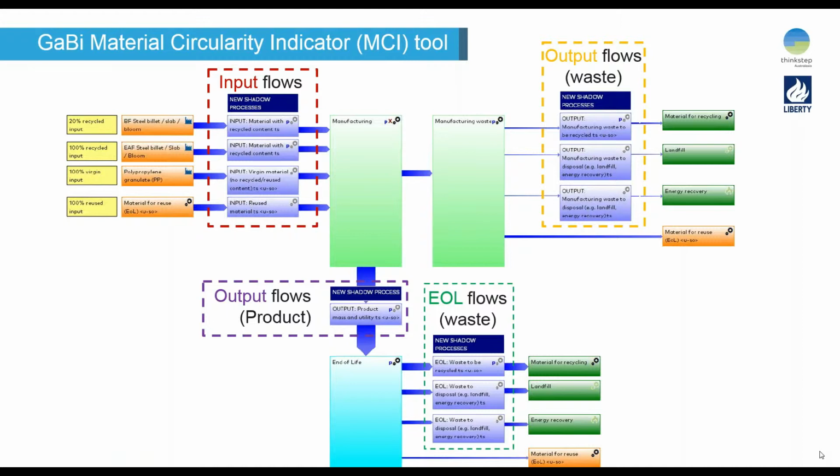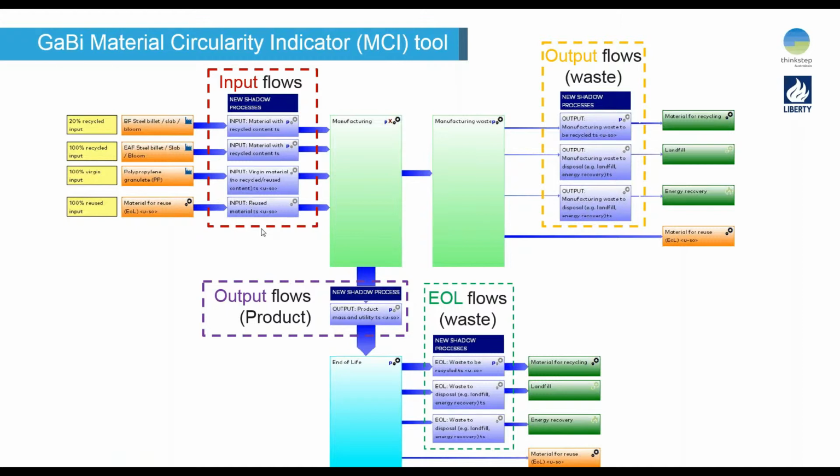What it does is it puts in these shadow processes, or rather you have to put them in, but it allows you to put in shadow processes that are surrounded by the dotted lines here. So for each material that's going into manufacturing, you are able to list whether it's recycled, has recycled content, virgin, reused. Same for stuff going out, same for the waste, and also input information on the product's utility.